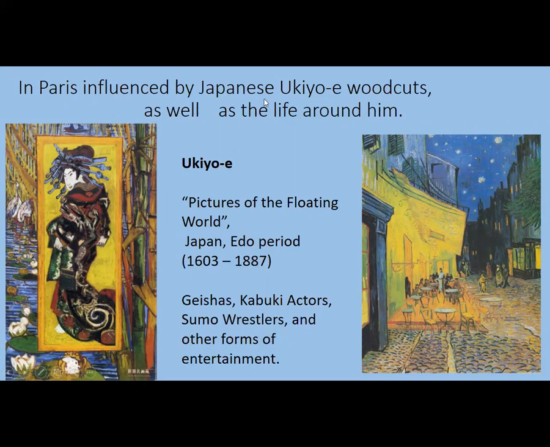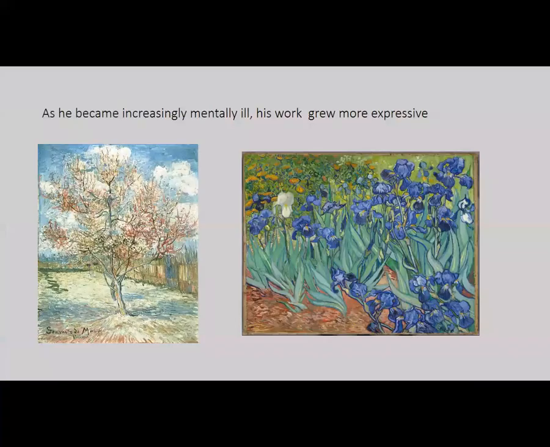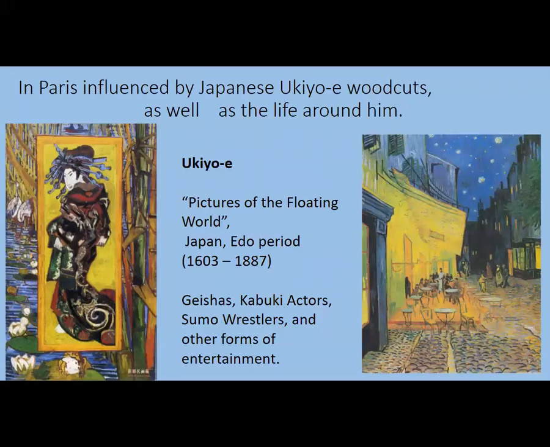He became really influenced. This is another painting that he did while he lived in Paris. While he was in Paris for a while, he was really happy because he was in his manic stage, and then he became depressed again. And you can read the chapter, and I really go into it a lot more.